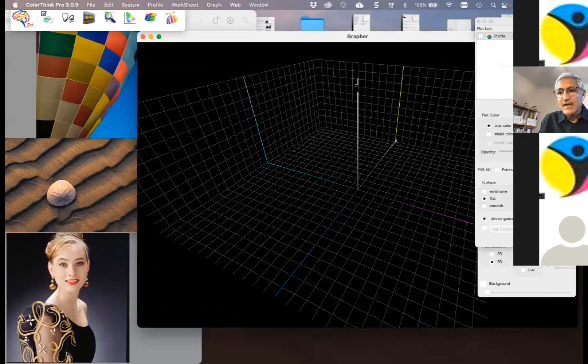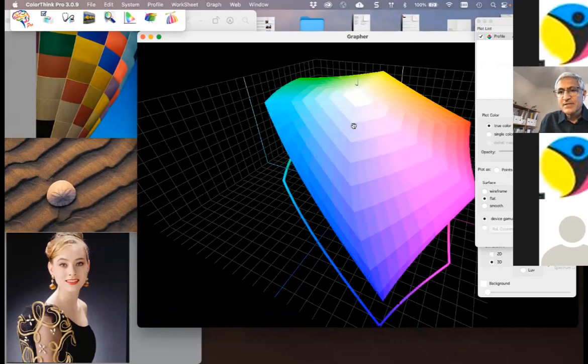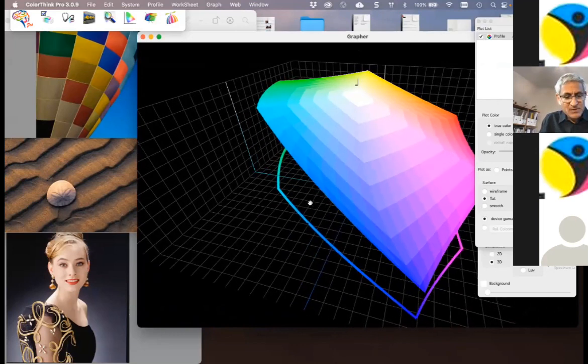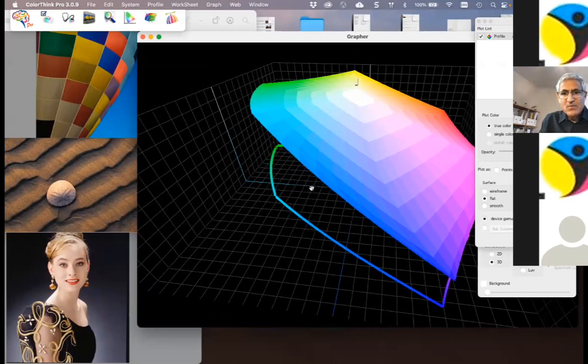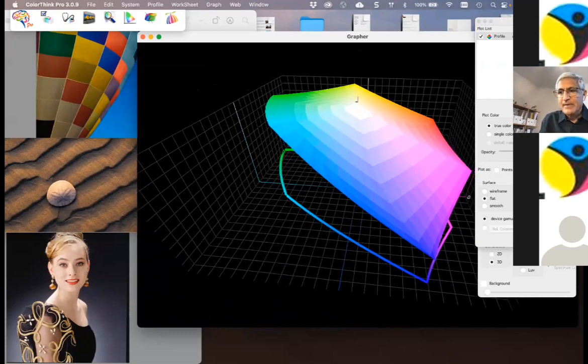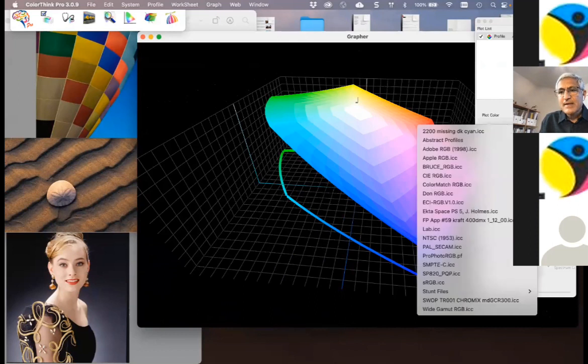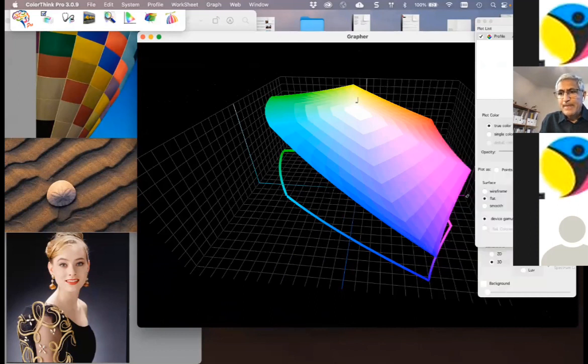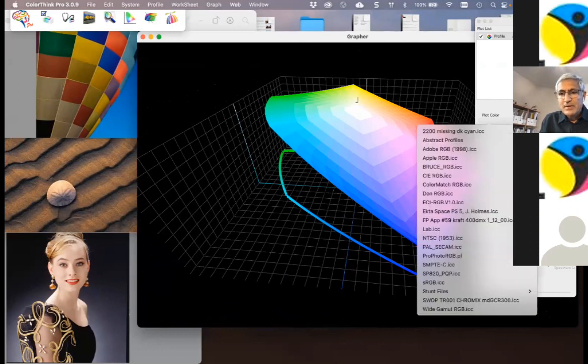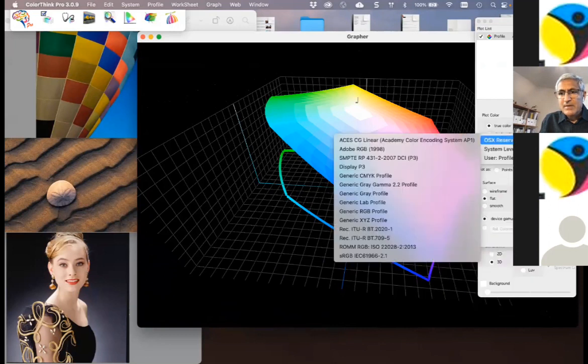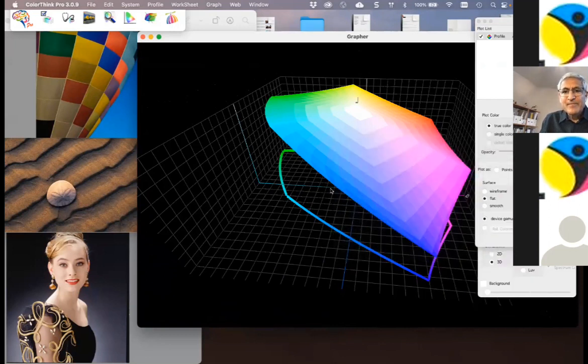So we can look at the gamut, and all of the standards talk about a gamut. In general, we have RGB gamuts that are bigger.